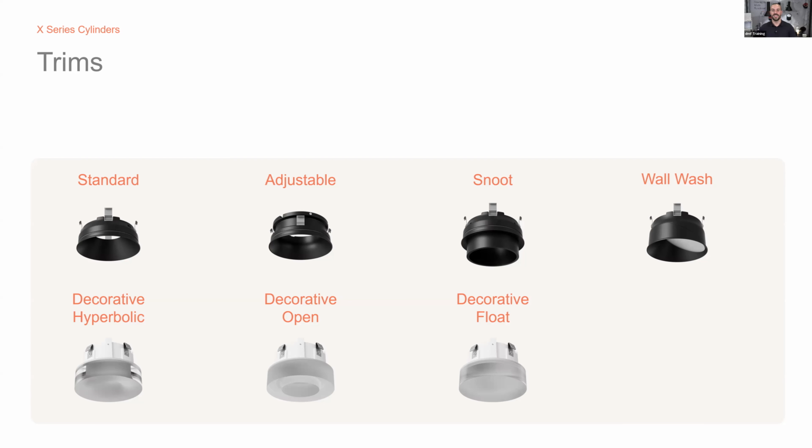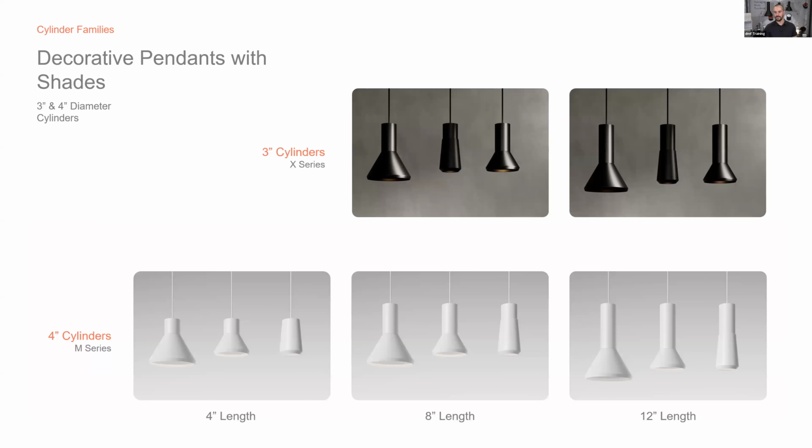And then we have a decorative float, which unfortunately I don't have here, but is fully frosted on the bottom and then has clear acrylic all the way on the side. So 3 great decorative options, again, are going to give you, especially with the float, a more diffuse light, but really add to the aesthetic appeal and visual intrigue of the space.